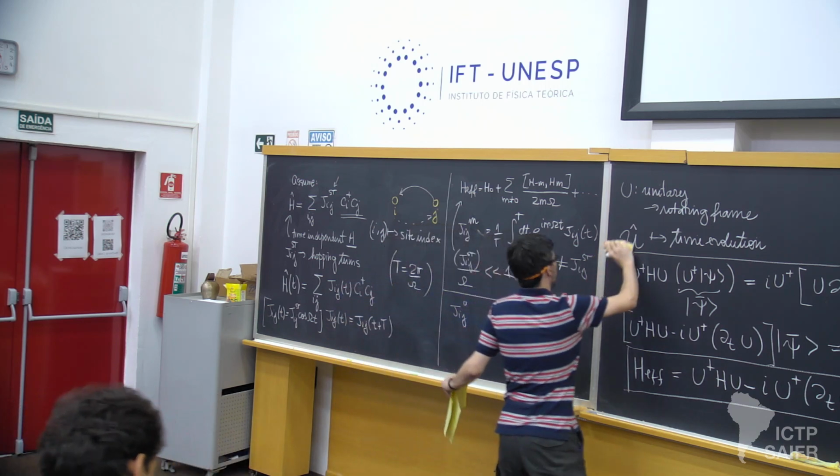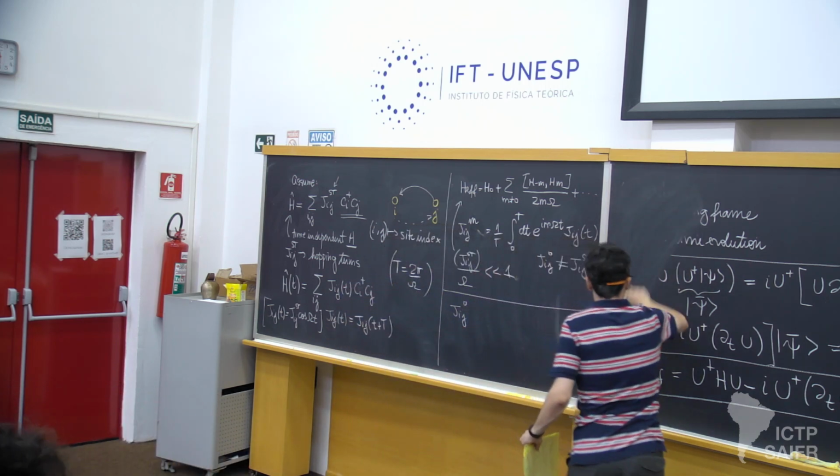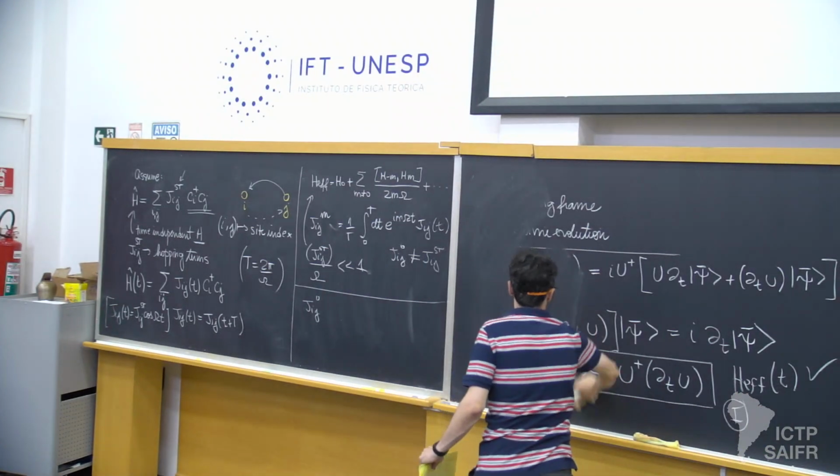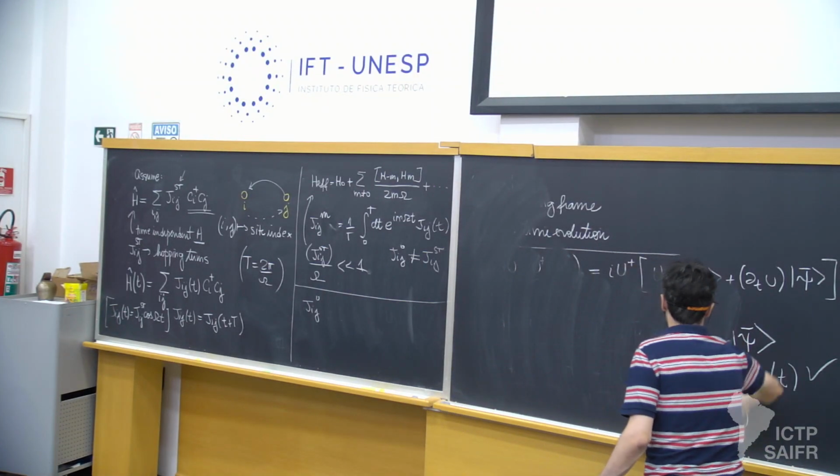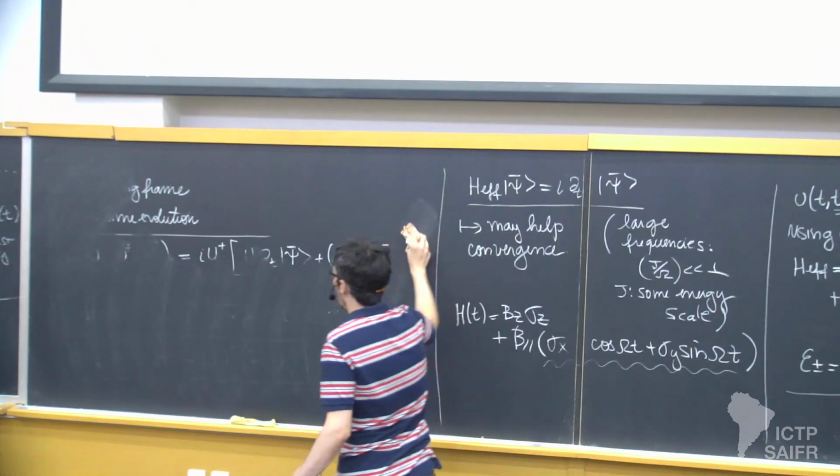Let me write one equation before writing this. We are going to do several examples, but I think it's important to do it formally first, because otherwise we keep doing the same thing over and over again.